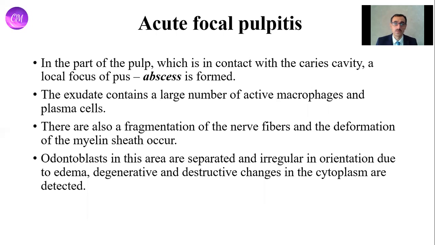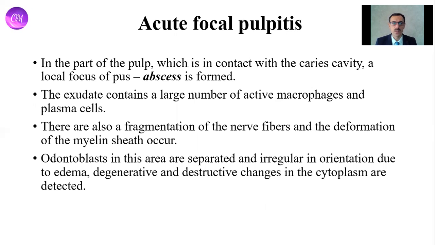In the part of the pulp which is in contact with the caries cavity, a focal abscess is formed. The exudate contains a large number of active macrophages and plasma cells. There is also fragmentation of the nerve fibers and deformation of the myelin sheath.